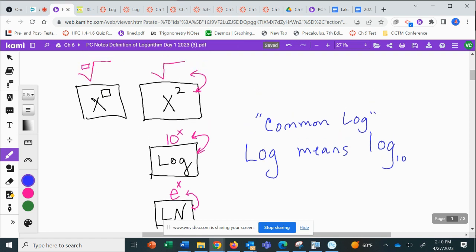We do numbers in powers of 10: tens, 20s, 30s, hundreds, thousands, 10,000, 100,000, million. Those are all powers of 10. So this log is the common log because it is a base 10 log. I will show you how to do log base 2, log base 3 eventually. That's the last thing that I will do today, is show you how to do it on the calculator. So don't worry, I will show you that.